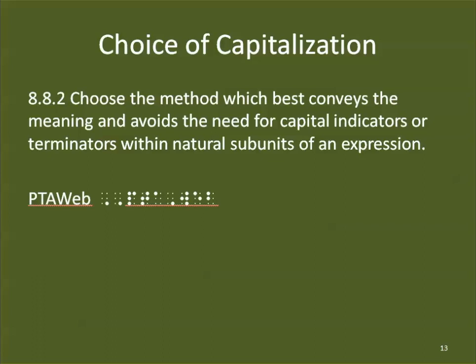So technically, you can see PTA and W are all capitals, but it would be very awkward to end capitals after the W to put a terminator in there. So because it's the natural way we say it, we have capital word indicators there, PTA, and then our single capital terminates the capital word mode. But we have our single capital, W, and then E B is lowercase.